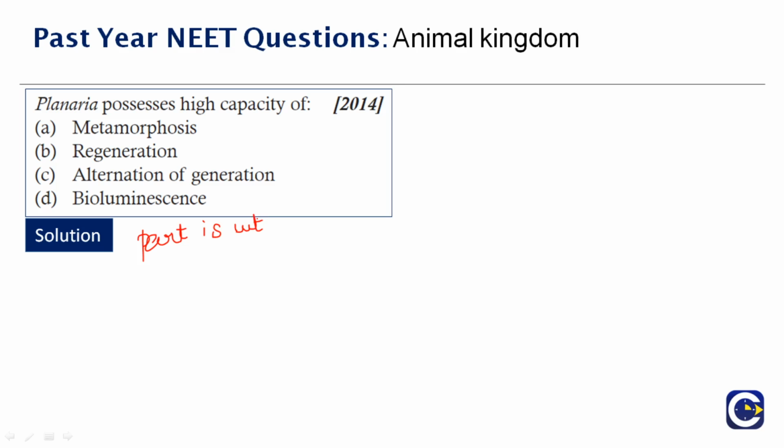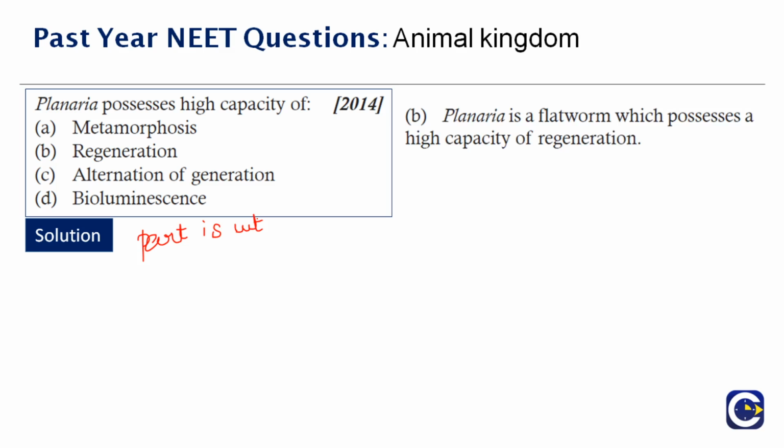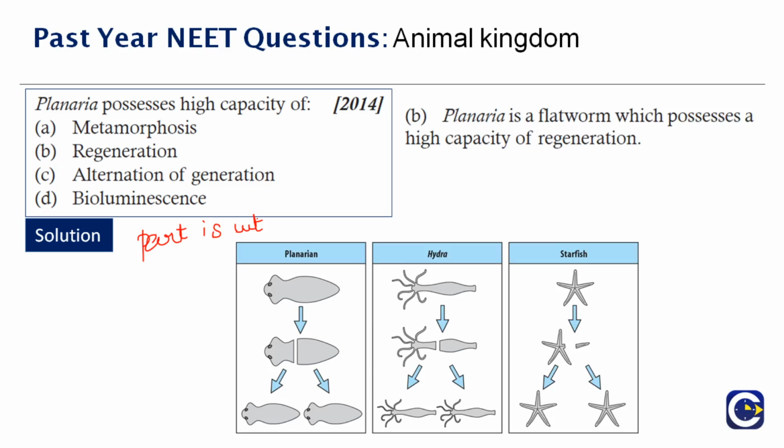A very good example is the lizard tail. When you're trying to hurt it and push it out of the house, somehow, by mistake, if the tail is cut, the lizard can still survive. The tail will also get regenerated here. So planaria possesses high capacity of regeneration, and when the body is cut also, the whole part is regenerated here. Other examples include hydra, starfish.